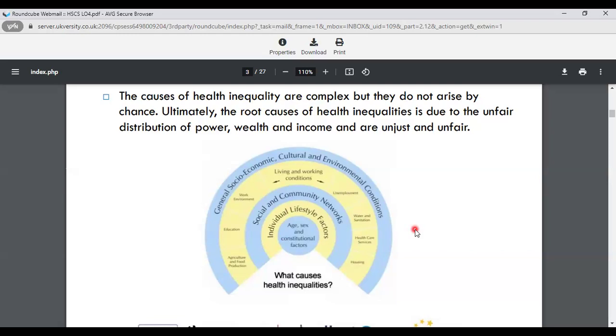Most people who are from a lower socioeconomic status, it makes life even worse for them.